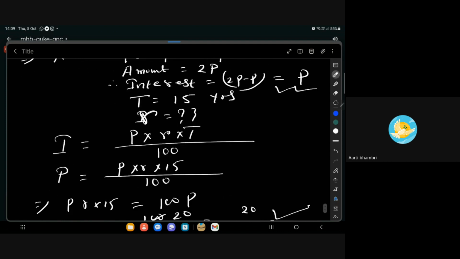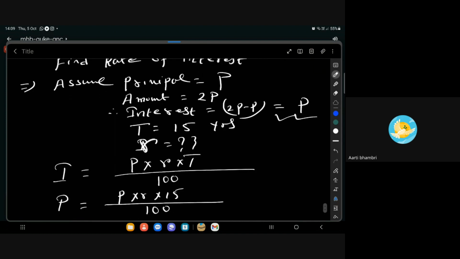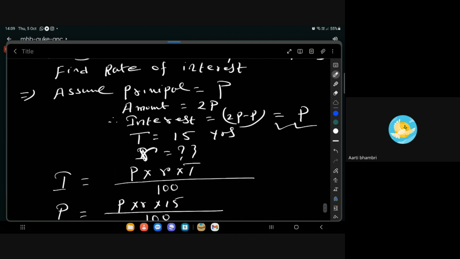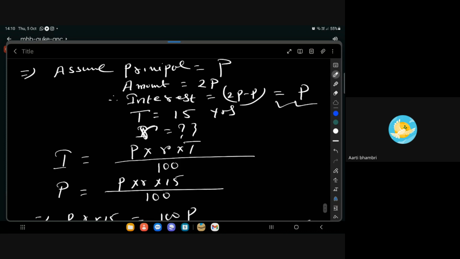Okay, this kind of problem you can solve by assuming the principal is equal to 1 rupee also, or 100 rupees also, any amount. If the principal is 1 rupee, then amount is 2 rupees. Clear? So interest will be 1 rupee. So interest is equal to 1 equal to principal means 1 rupee into r into 15 by 100.